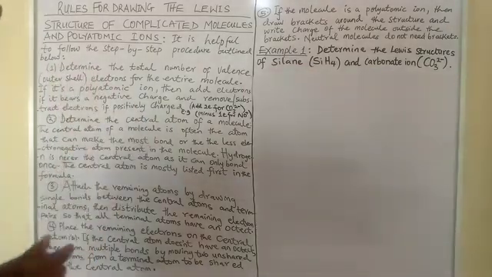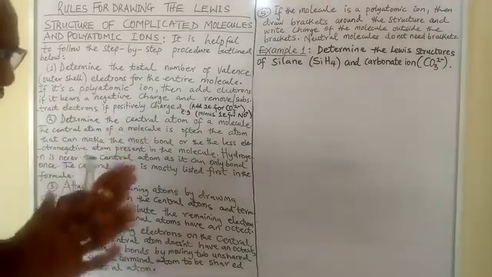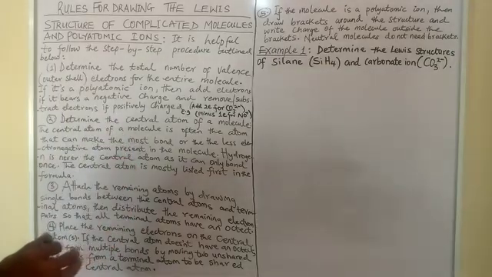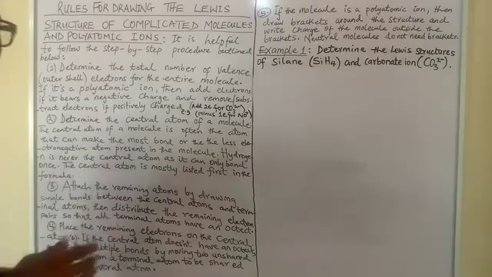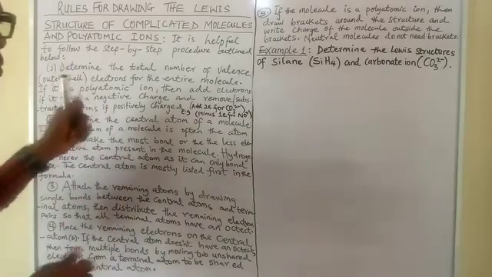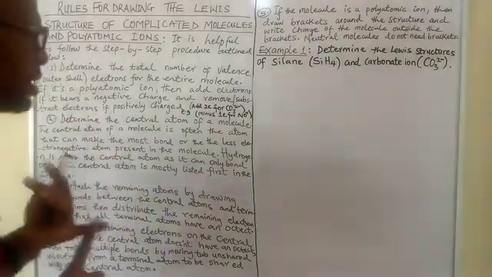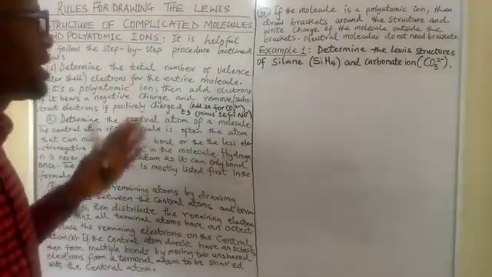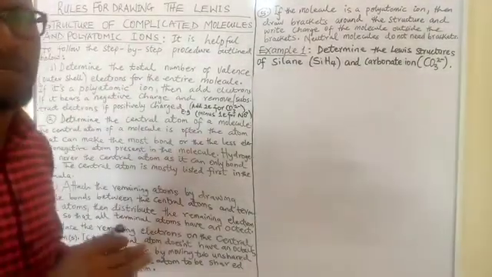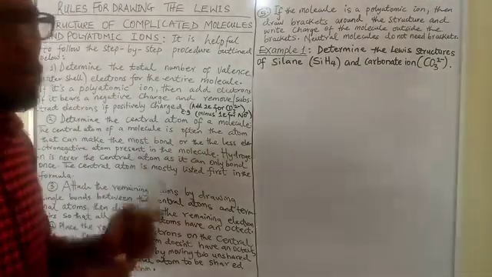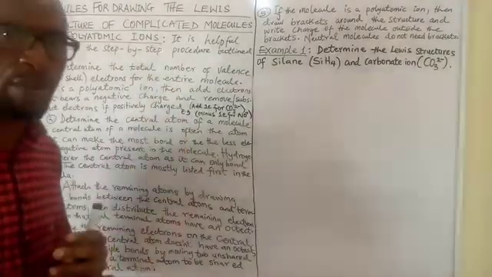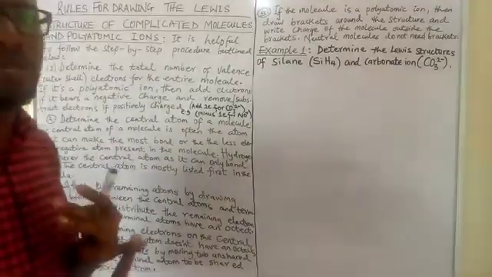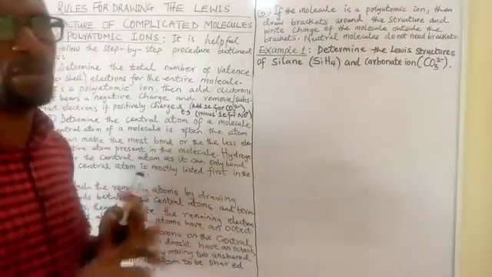The first thing you are going to do if you want to start drawing the Lewis structure of a molecule, whether complicated or a polyatomic ion, is to first of all determine or calculate the total number of valence electrons for the entire molecule. Recall, if you have a polyatomic ion that is a cation, it means it has lost electrons.